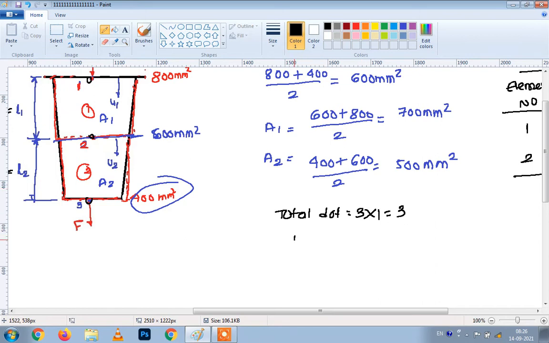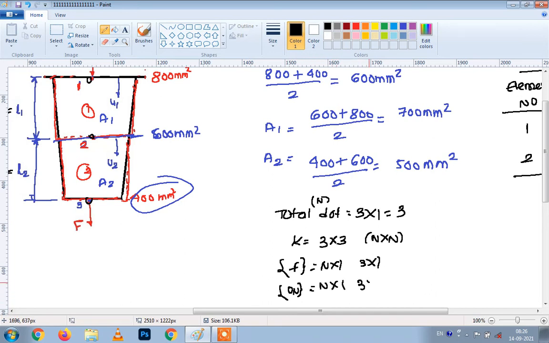So what will be the dimension of the stiffness matrix? The dimension of the stiffness matrix will be 3 by 3, as the total degree of freedom is denoted with n, so we get n into n. The dimension of the force vector is n into 1, so it will be 3 by 1, and the dimension of the nodal displacement vector is also n into 1, so it will be 3 by 1.